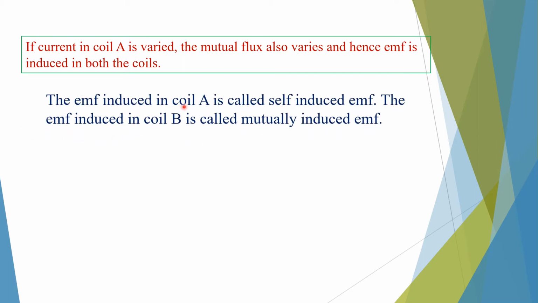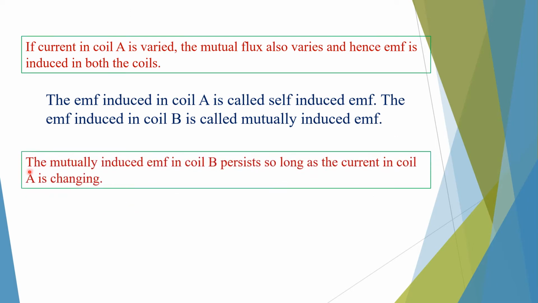The EMF induced in coil A is called self-induced EMF. The EMF induced in coil B is called mutually induced EMF, because the EMF induced in coil B is due to change in current in coil A. The mutually induced EMF in coil B persists so long as the current in coil A is changing.